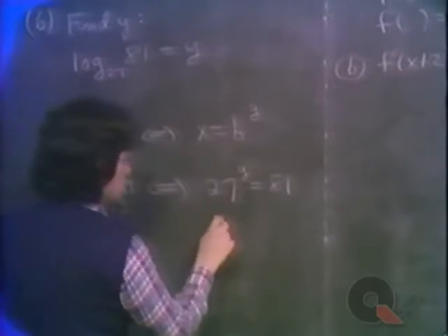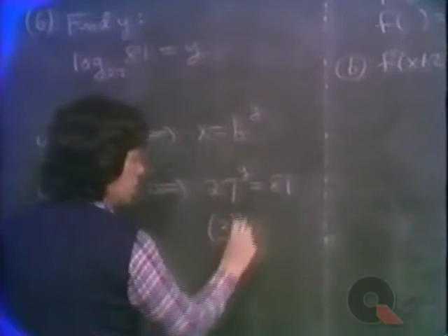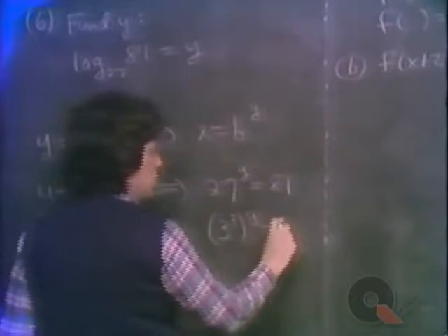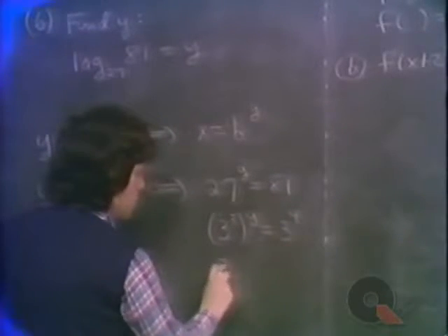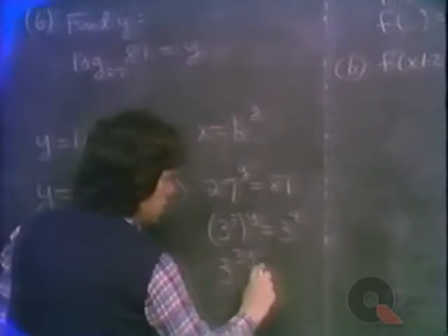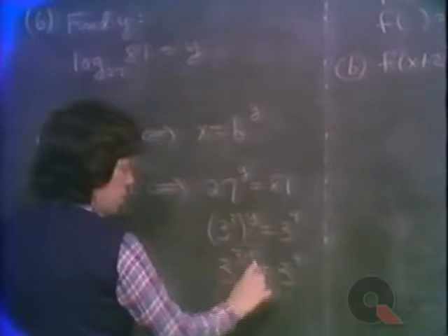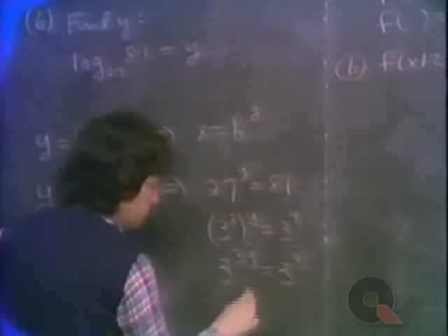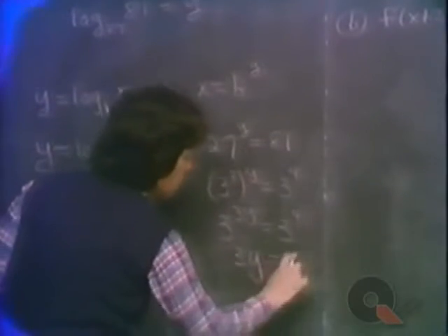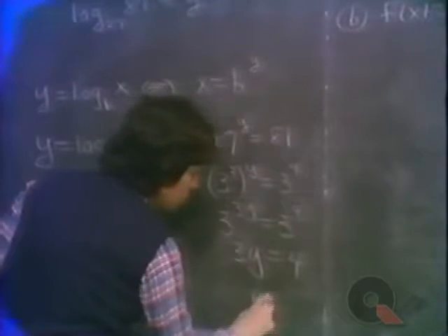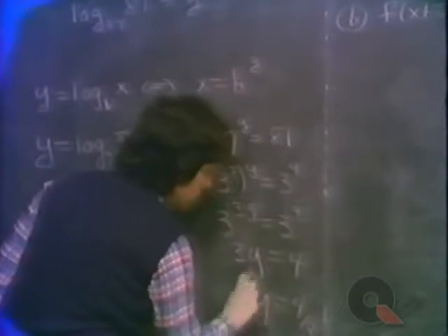Well, 27 happens to be 3 cubed, and 81 is 3 to the 4th power. So 3 to the 3y is equal to 3 to the 4th power. Now, if these are equal and the bases are equal, the exponents must be equal. 3y must be equal to 4, y must be equal to 4/3.